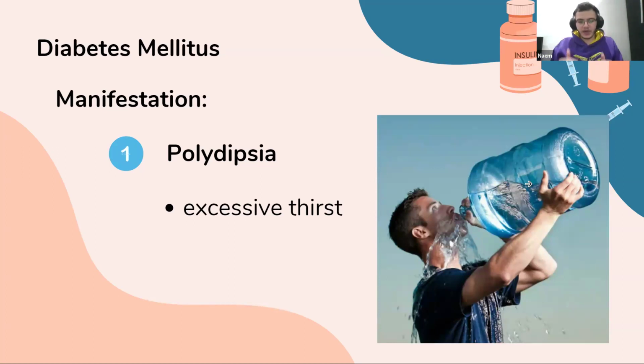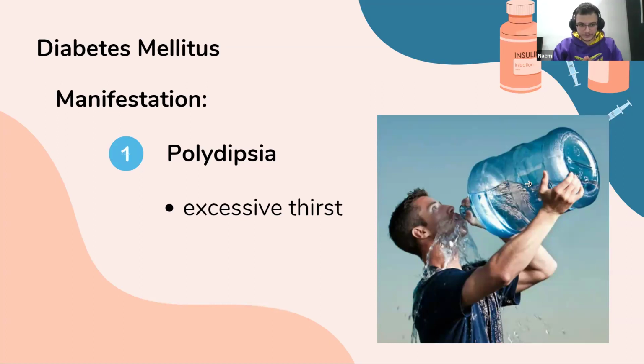That means I'm dehydrated, which means I need more water. So it will trigger the thirst center in your brain, which makes you want to drink water. The problem is, no matter how much water you drink, you're always going to have high levels of glucose in your blood, because drinking this water is not really changing anything. The glucose is still there, and your body will keep thinking I'm dehydrated, I need more water. So you're always going to be in excessive thirst.